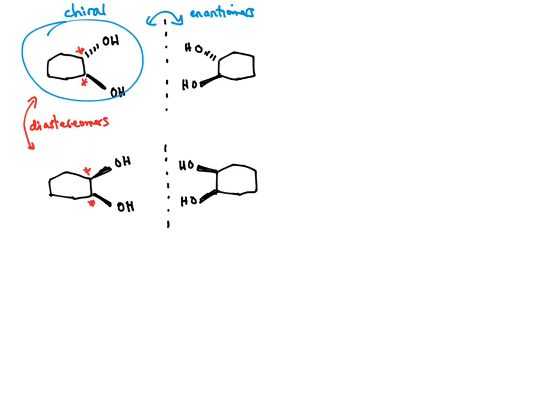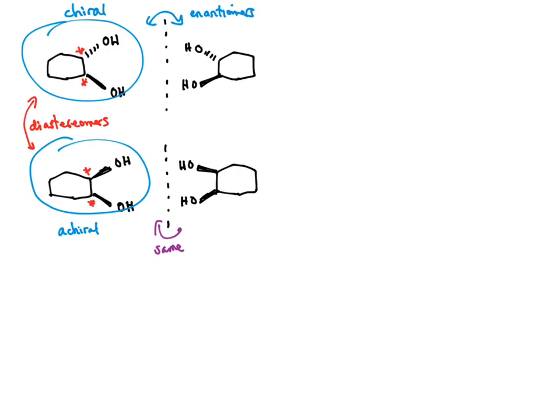And so this is a superimposable mirror image, and so therefore those are the exact same molecule. And so by definition, that first molecule is achiral because it does not contain a non-superimposable mirror image.